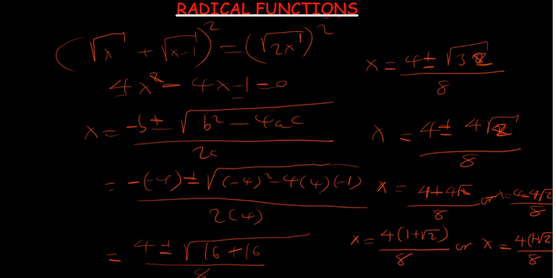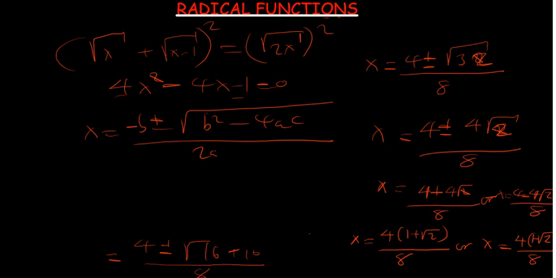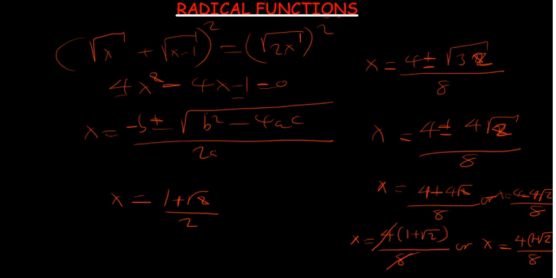So at this point we can just reduce. So that means our x is equal to 4 into 4 is 1, 4 into 8 is 2. So that is 1 plus root 2 over 2, or x is equal to 1 minus root 2 over 2. So those are the two x values which we can have.